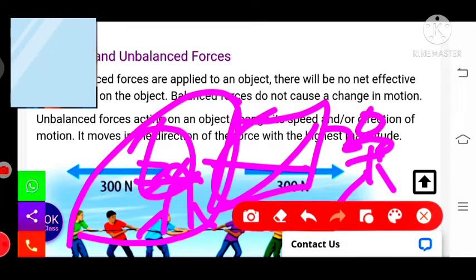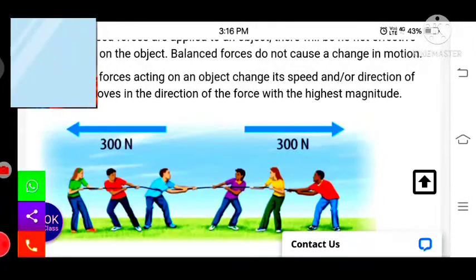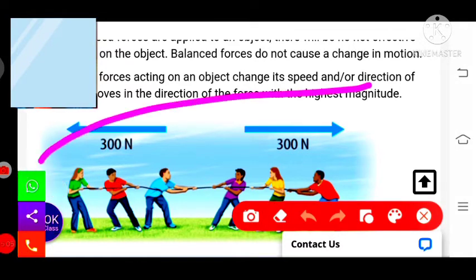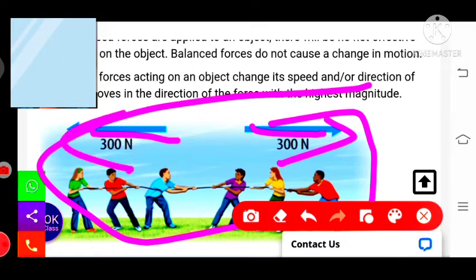If you apply force in this direction, the box moves in this direction. So here is an example of tug of war. In this picture of tug of war, 300 newton of force is applied in this direction and 300 newton of force is applied in this direction.